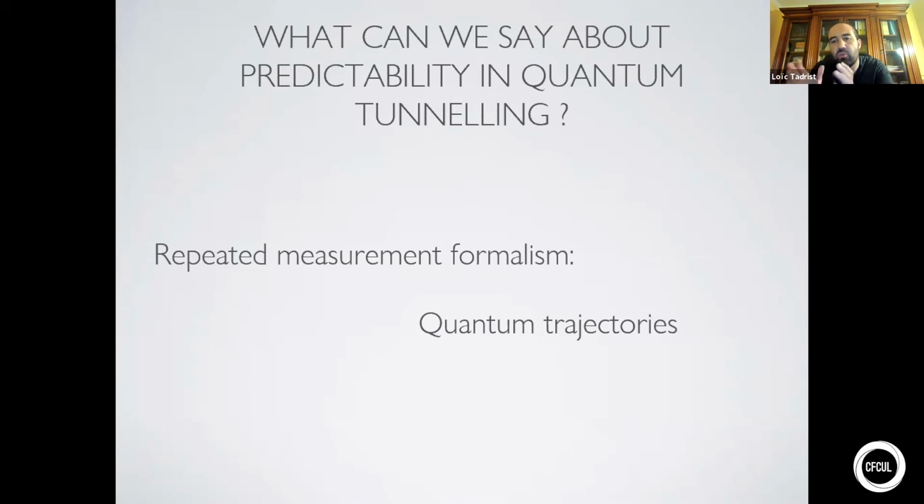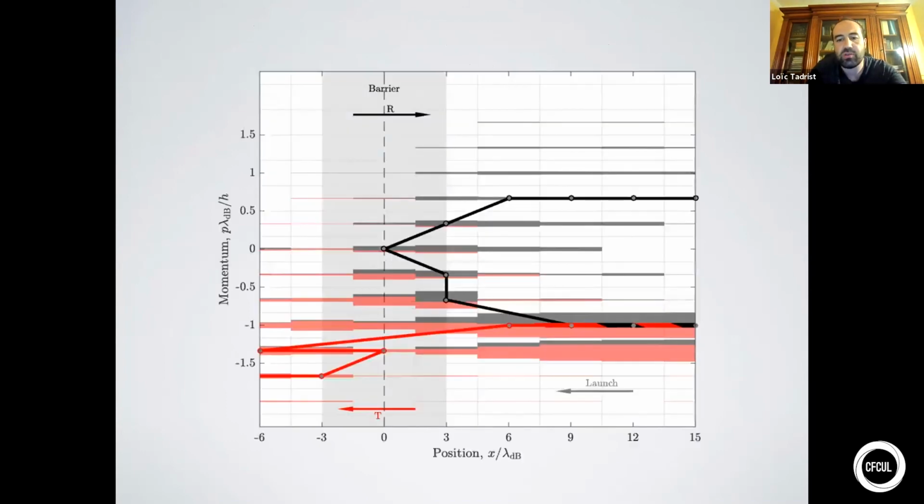So we project the wave function randomly onto the projector and so on. So we measure the position and the velocity of the quantum particle at different time intervals, and we can then define the trajectory of the quantum particle. So here is the kind of thing that we can obtain.